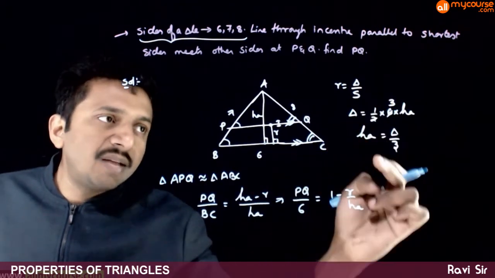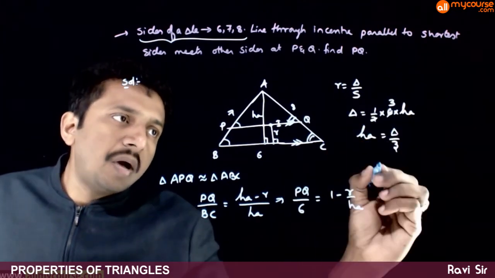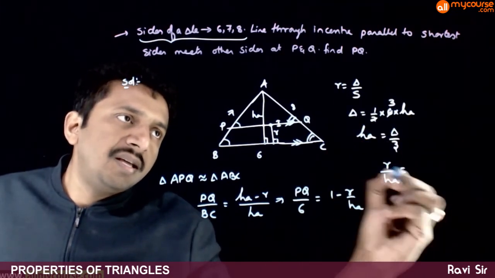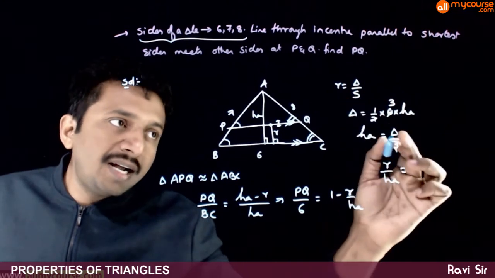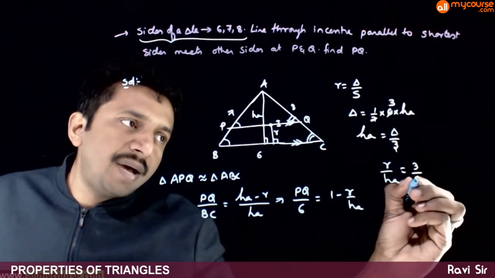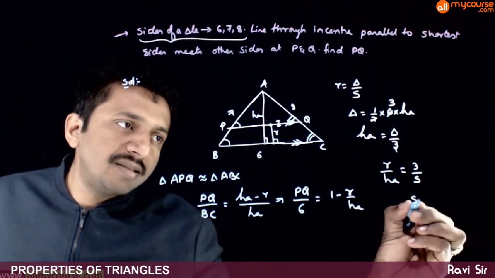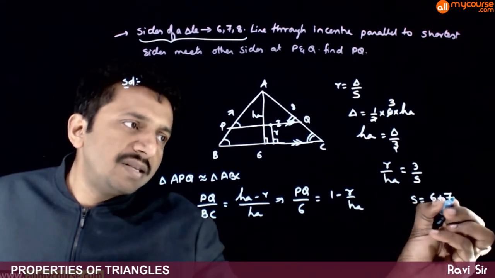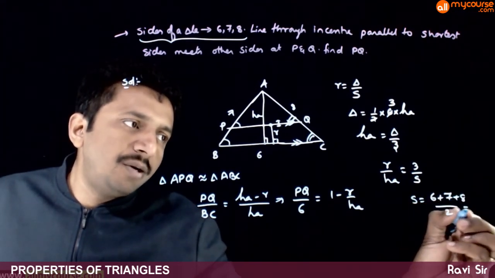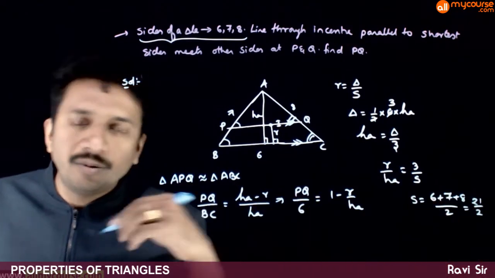And R by HA can be found from this. R by HA is equal to delta, and delta gets cancelled, you get 3 by s. And what is s? S is the semi-perimeter. S is equal to (6 plus 7 plus 8) by 2, which is equal to 21 by 2.